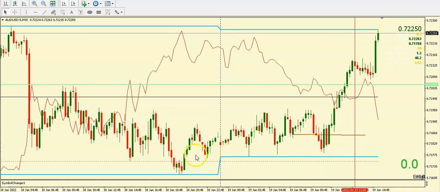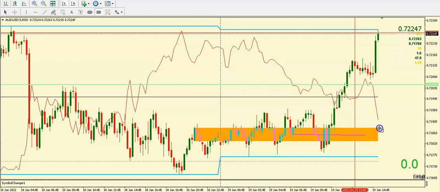But it is, again, in mitigation blocks, so low, high, low, high, higher low. This here would be the mitigation block. This would be the mitigation block right here.